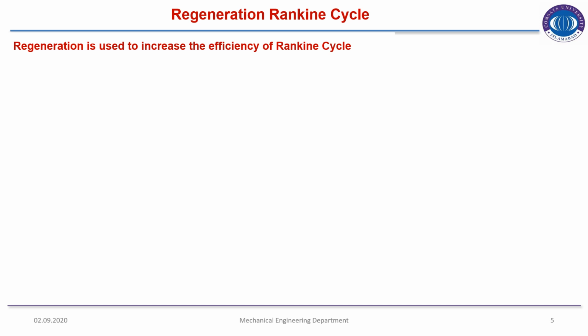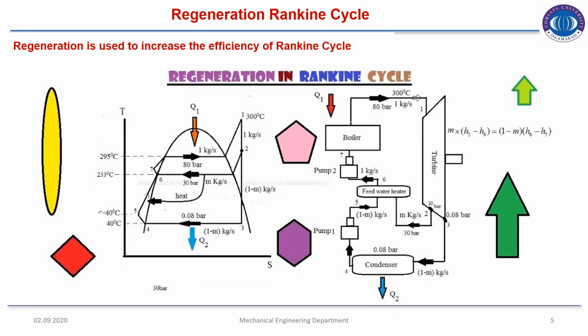Regeneration Rankine cycle. In the previous lectures we have already discussed the methods that we can use to increase the efficiency of a Rankine cycle, which include to reduce the condenser pressure, to increase the boiler pressure, and to superheat the working fluid.